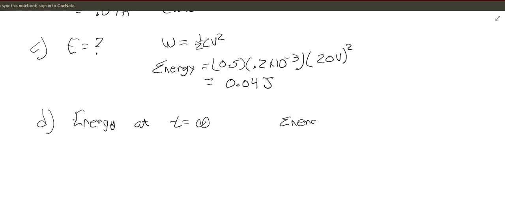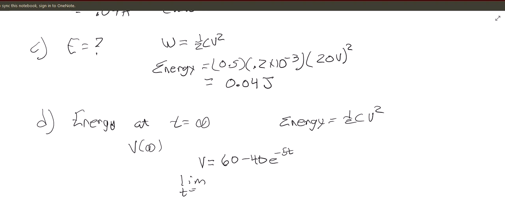The energy is 1/2 CV squared. C's not changing, the voltage is changing, so we need to find v at infinity. Let's look at our function: v is 60 minus 40 e to the minus 5t. Let's take the limit of this as t goes to infinity.